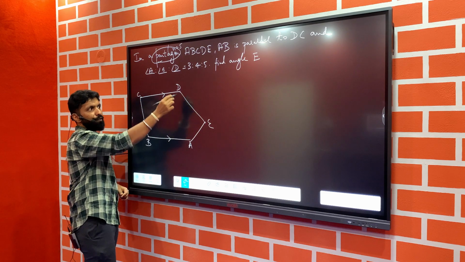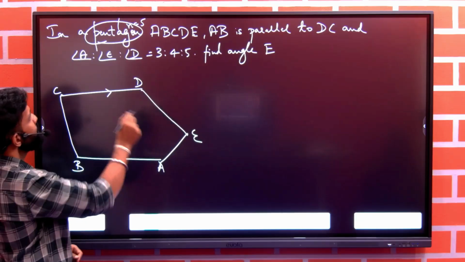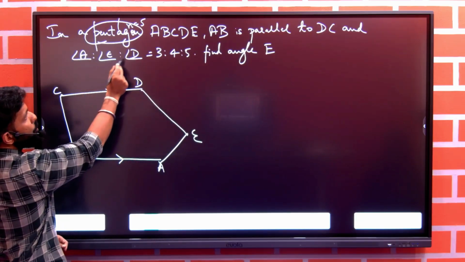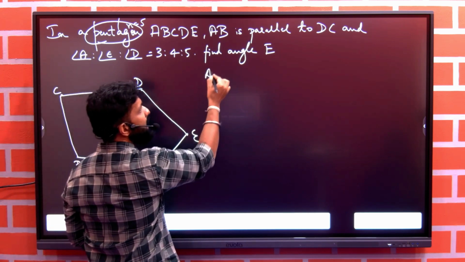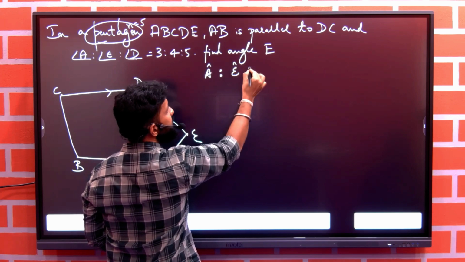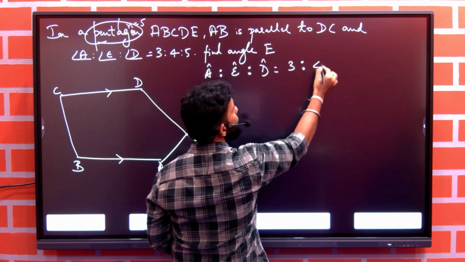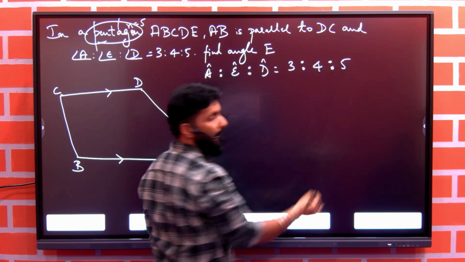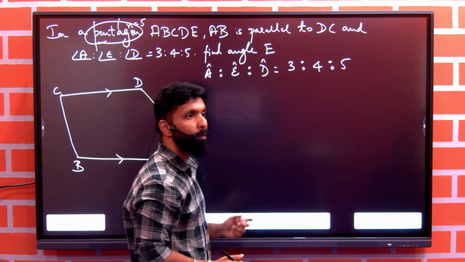In a 5-sided closed figure, AB and DC are parallel, and angle A is to angle E is to angle D is 3:4:5. I'm sure you know how to remove the numbers from a given ratio.